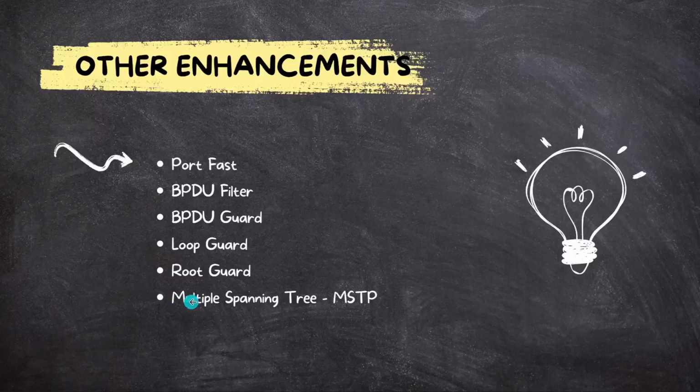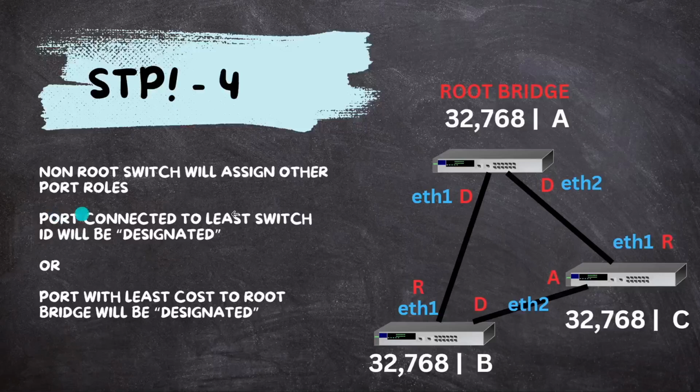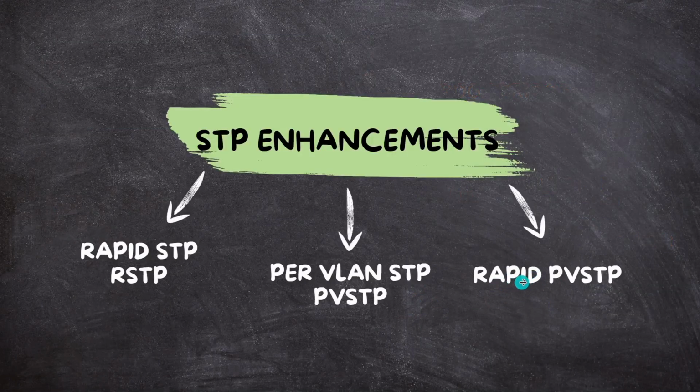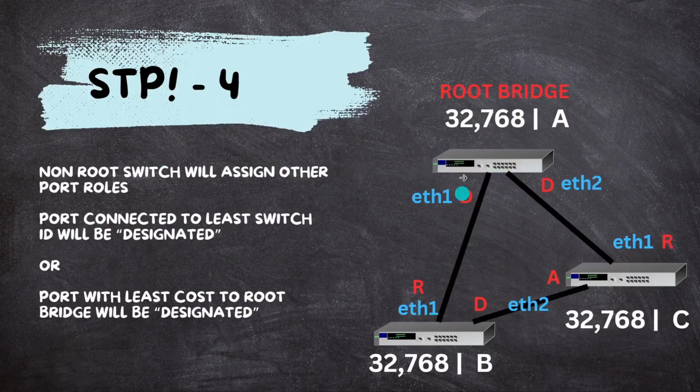And then the last enhancement that was made is MSTP, multiple spanning tree protocol. That is the enhancement of rapid PVST, per-VLAN spanning tree. Let's say we have more than 100 VLANs configured on these devices.